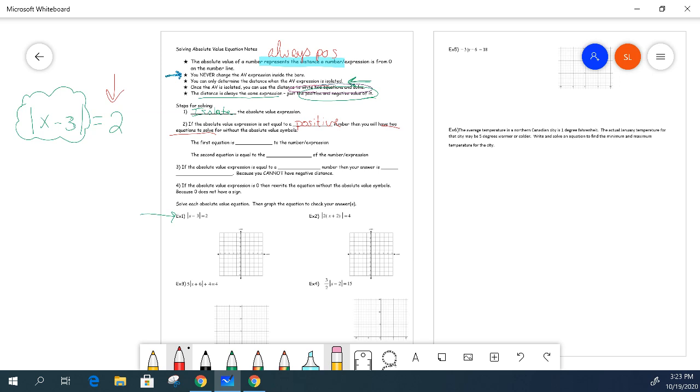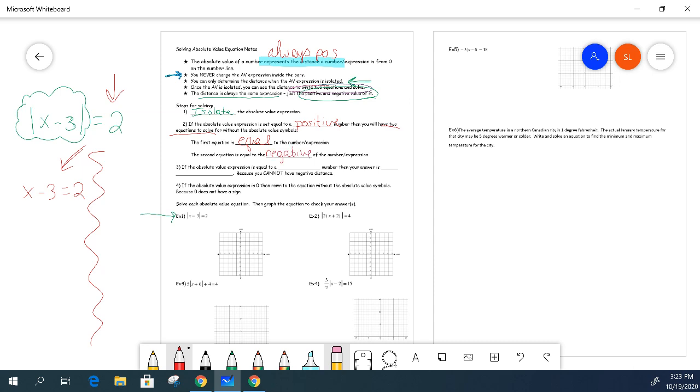So the first equation is equal to exactly what it is. That means that we are going to split it up. We're going to look at x minus 3 being equal to 2. So that's going to be one of our equations. I'm going to go ahead and just draw a squiggly line to separate it.